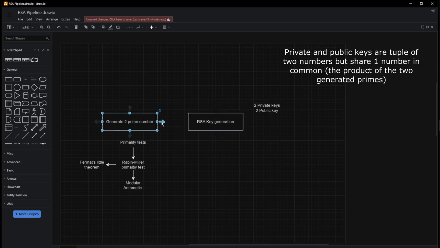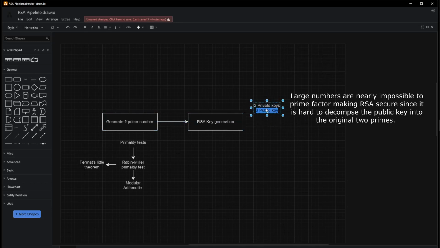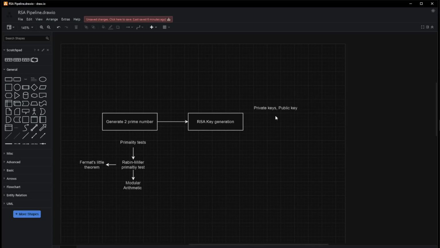No, I just realized this is completely wrong. You're going to have just one public key and one private key, because every key consists of a tuple of two numbers, which I'll explain later in the videos, and you use it to encrypt and decrypt.